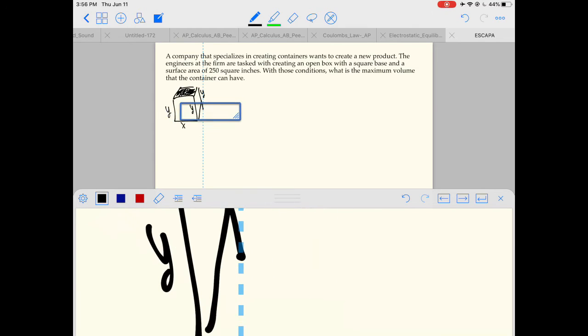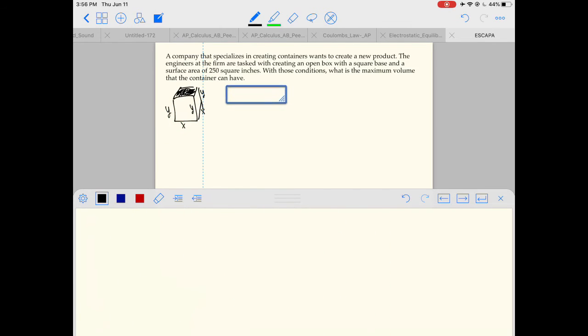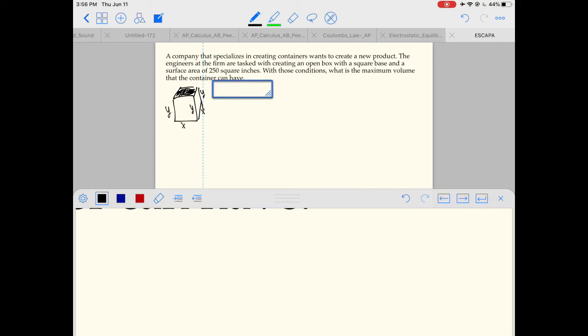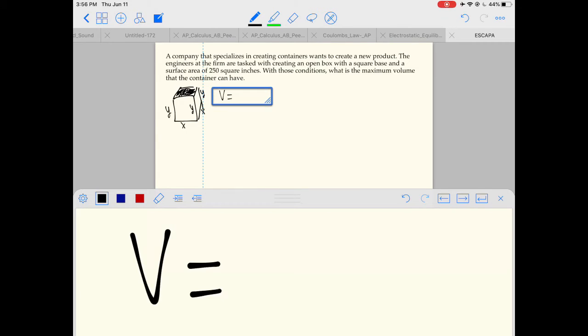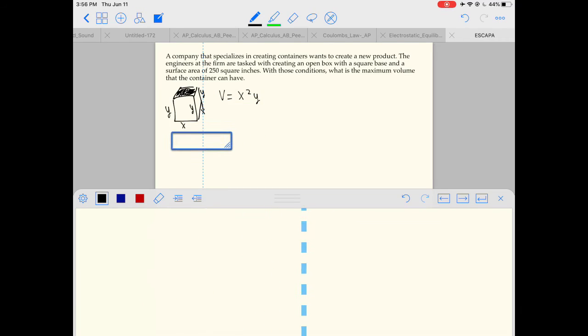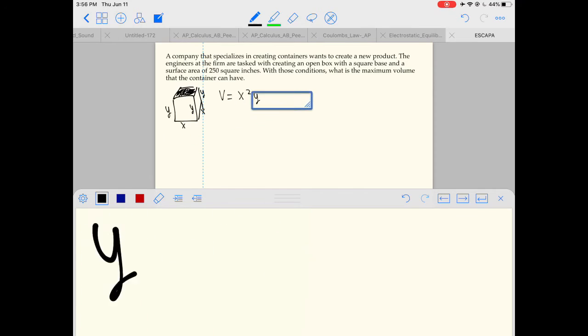X, and x. The base is square, so both sides of the base are x. So volume equals x squared times y. And the volume of any prism would equal the area of the base times the height of the prism.